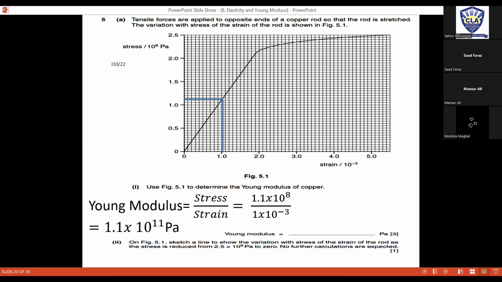Now, how will the straight line back be? It should be parallel to the first line. So just make a line. This line should be parallel to the first line. Same gradient, and wherever it cuts, that will be your permanent extension in this case.